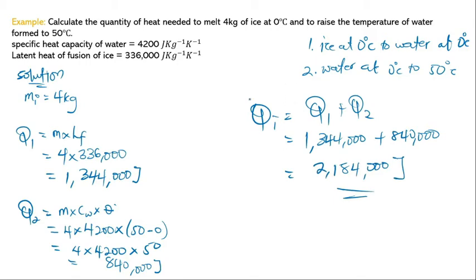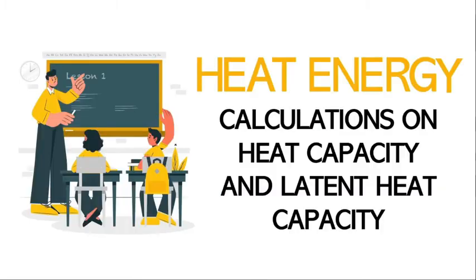So the total energy needed to melt the ice at 0 degrees Celsius and raise the temperature of the water formed to 50 degrees Celsius is 2,184,000 joules of energy. Thank you so much for watching.